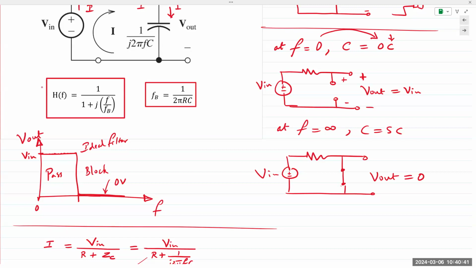So design engineers would use this equation to design their filters. fB is known as the cutoff frequency or the break frequency.